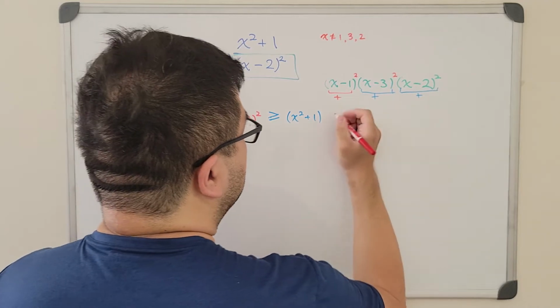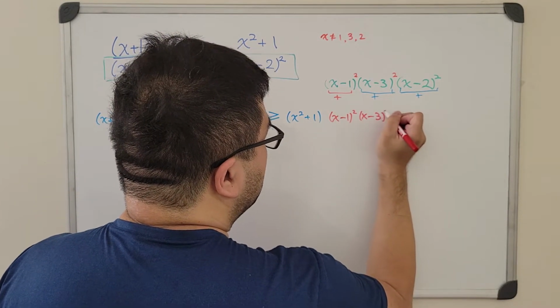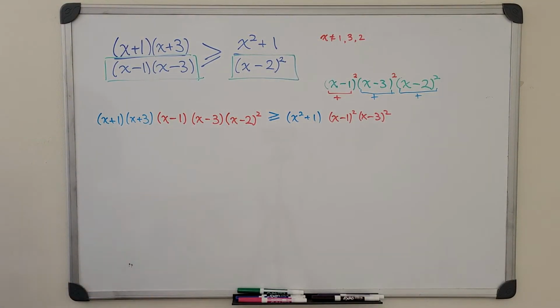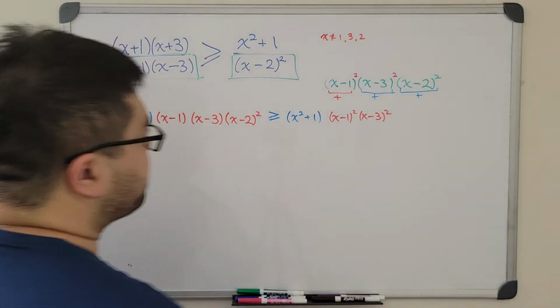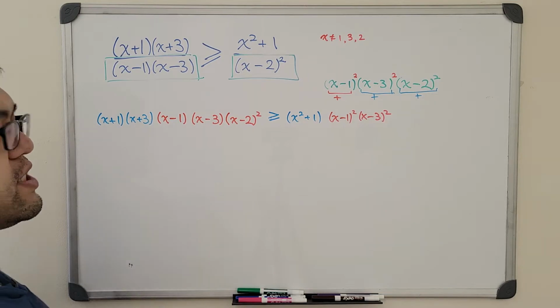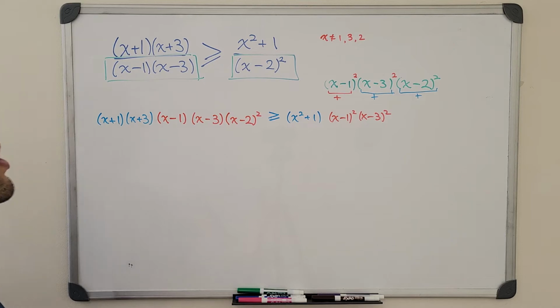Okay. And then after this, we just have another polynomial inequality to solve. At this point, keep in mind that when we want to solve equations or inequalities, the best thing for us to do is factoring.